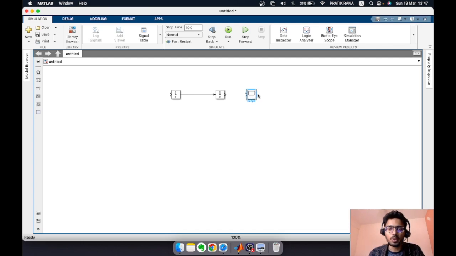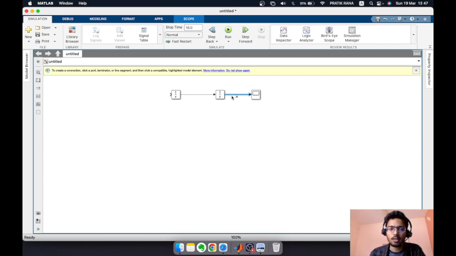So we have a scope here, we'll connect this. So the final output that we'll be getting is y, and before the integration it will be dy by dt, because dy by dt when integrated will give us y. Similarly here it will be d2y by dt square.